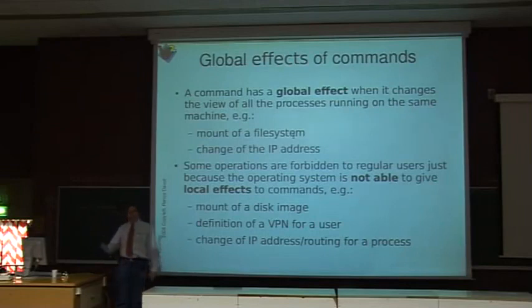But the fact that the file system is mounted is a global view effect. Or if you change the IP address, it is the IP address of the single stack running on the operating system, which is not a rule given by God, to have one single stack, one single view of the file system.